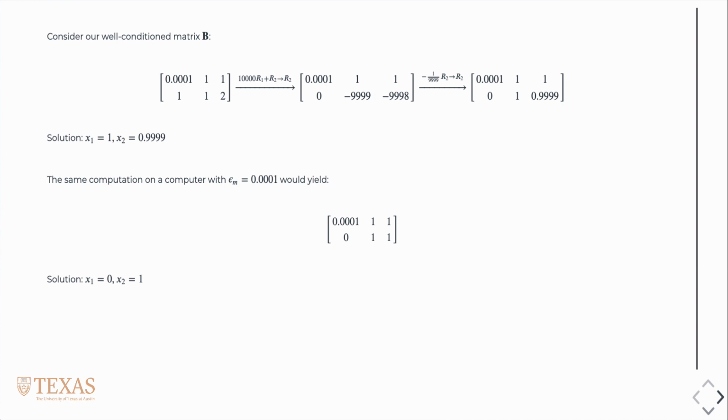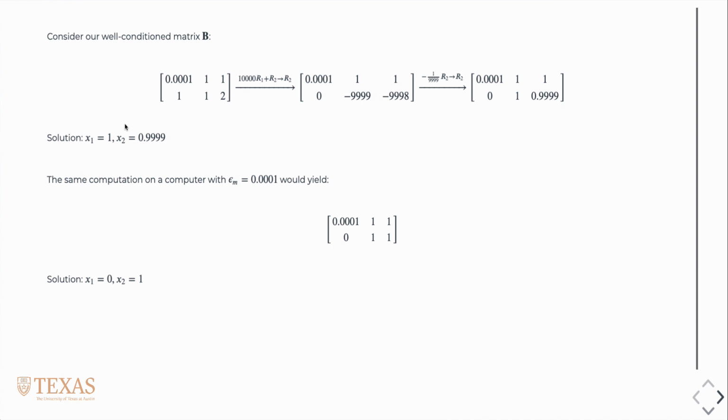If we proceed with Gaussian elimination, I'm only showing the final result here in row echelon form. I've omitted the sequence of steps, but this would be the reduced row echelon form we would get, with this solution, 0, 1. Okay, of course that's not close to the exact solution we have above.